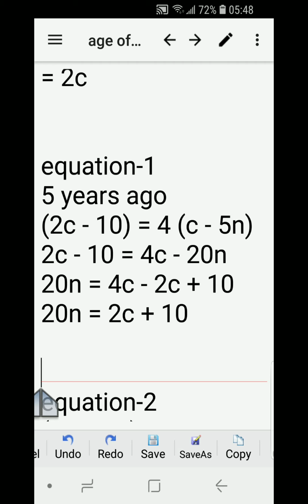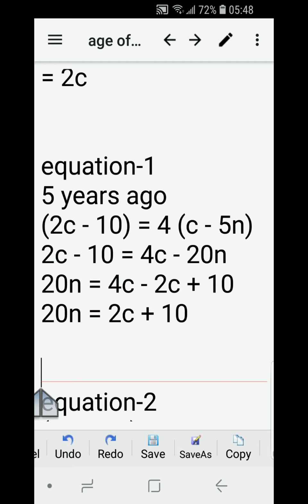Because 5 years ago we need to subtract 5 from each of the 2 parents. And then c minus 5n. How did we get that? We need to subtract from the sum of the children's ages c, 5 times the number of children, so 5n.